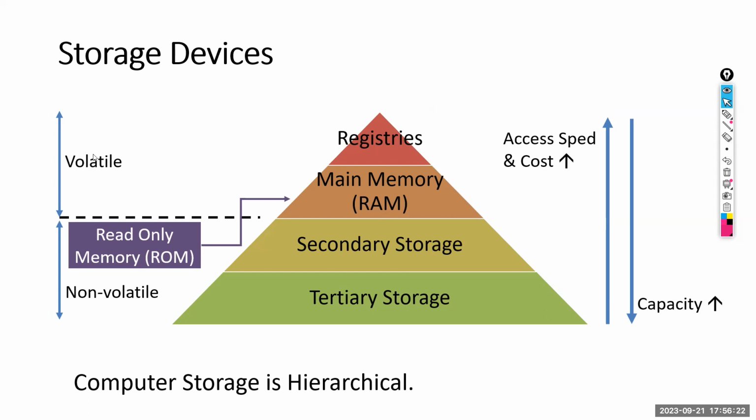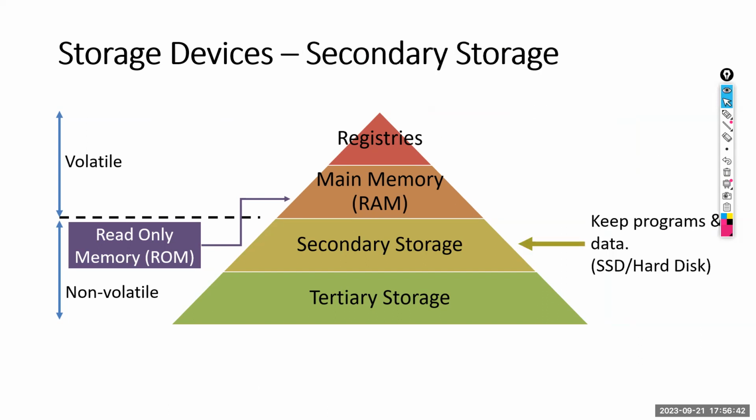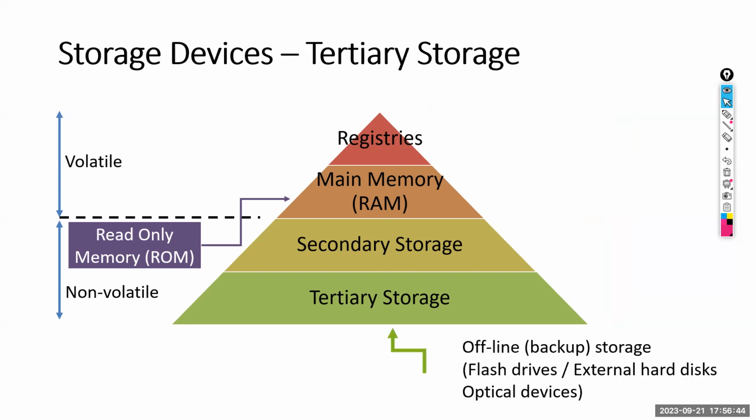When you power off, the content goes. But secondary storage, tertiary storage, and even the read-only memory, ROM, keep their content even when you switch off. So we call them non-volatile. We have already discussed registries, main memory, secondary storage, tertiary storage, and so on.